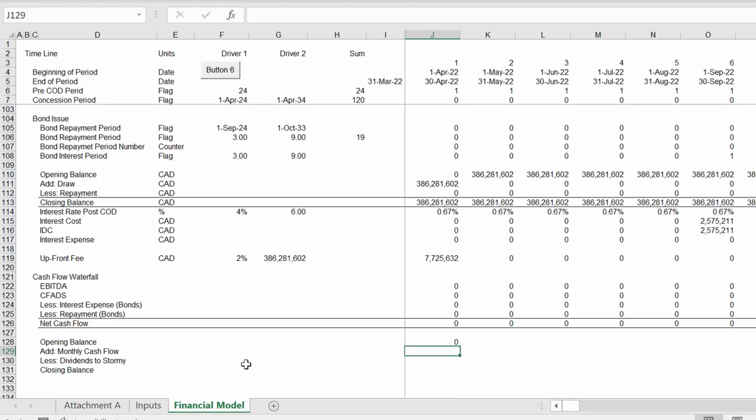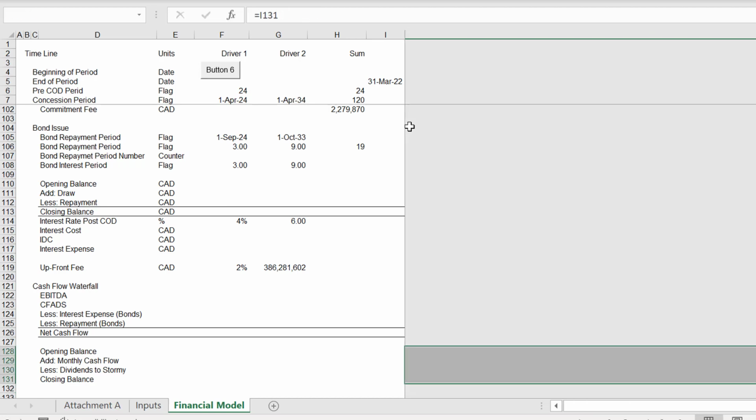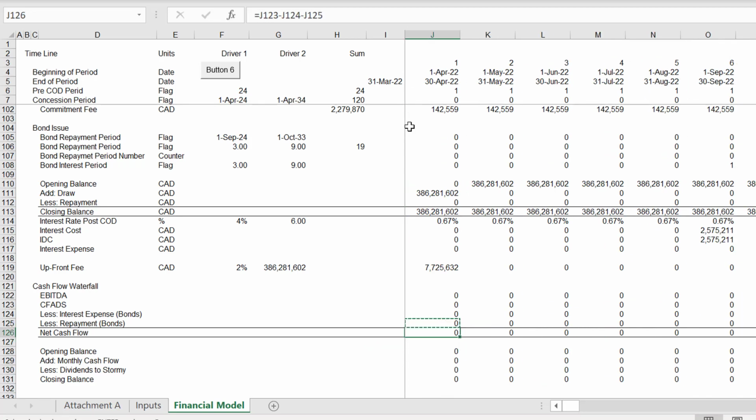I think we just put the cash flow in here, and then if it's a bond repayment period, we take the remainder, which is the net cash flow, this plus this, and we multiply it by that bond repayment period. Hopefully, and then we'll get the closing balance plus this minus that. So we just make a little account, and uh-oh.